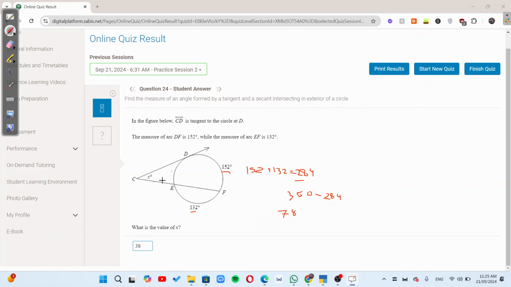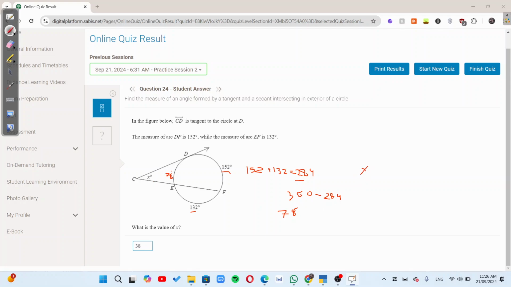And you know that this is half of the intercepted arc. No, actually it's not, wait. I did something wrong. So you know that this is equal to half of 152 minus this. But 76 is here.